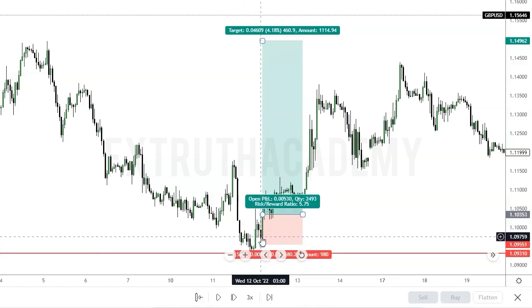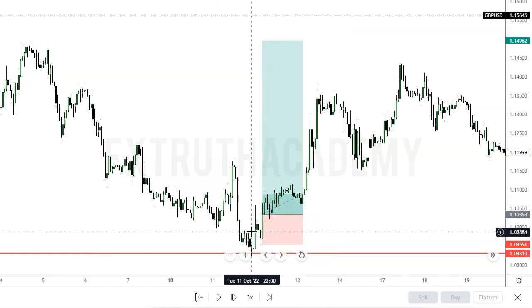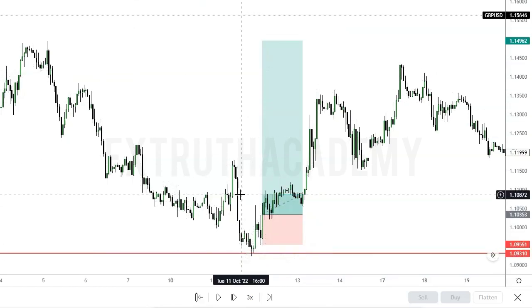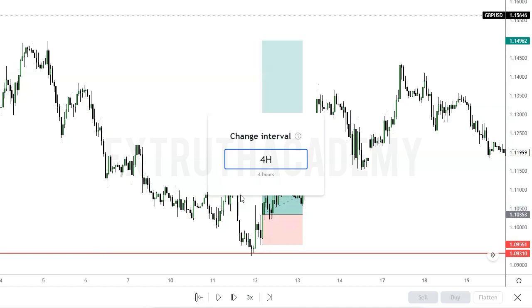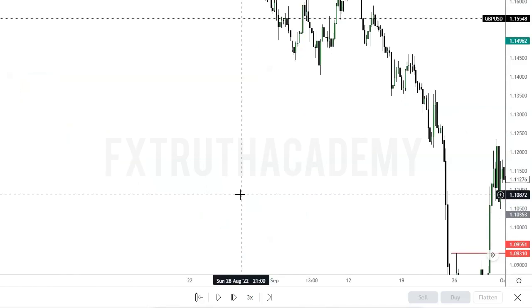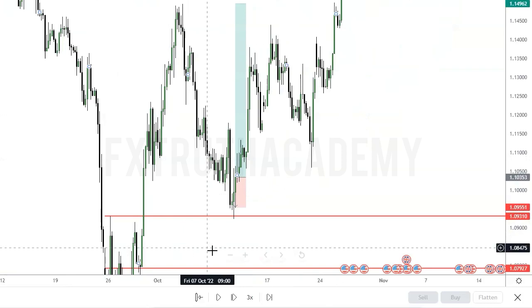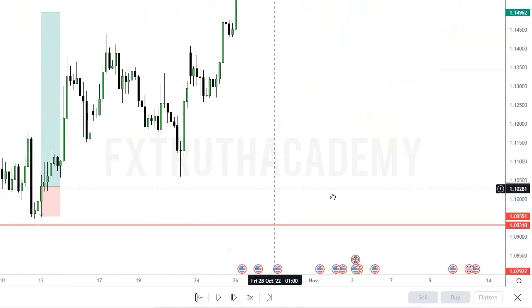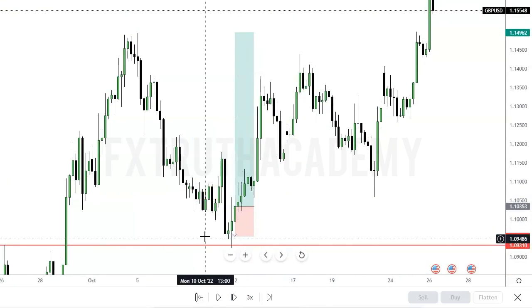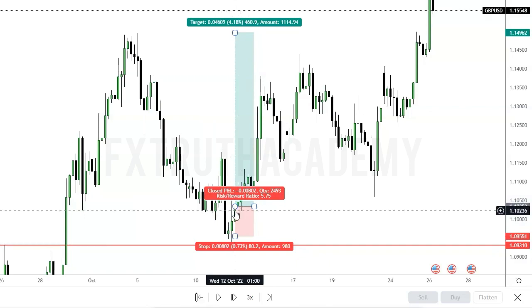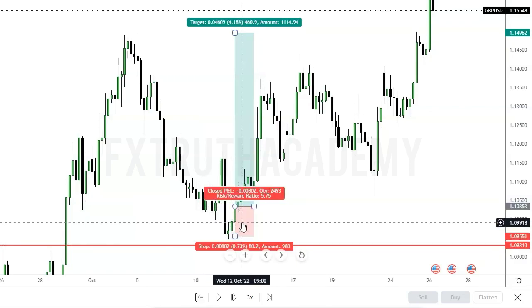The first one is on the 4 hour chart, where I used a swing. I have to go back to the 4 hour right here. I go back to the 4 hours, you can see that I used a swing. This is a swing low I used to enter here. So this is one of my reactions in price or my confirmation pattern.